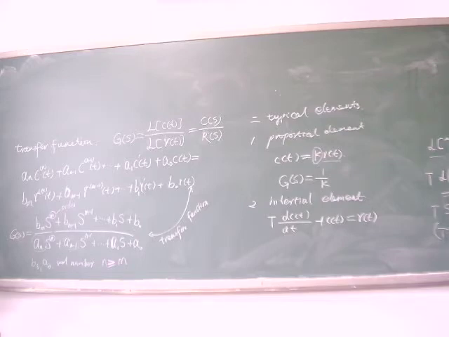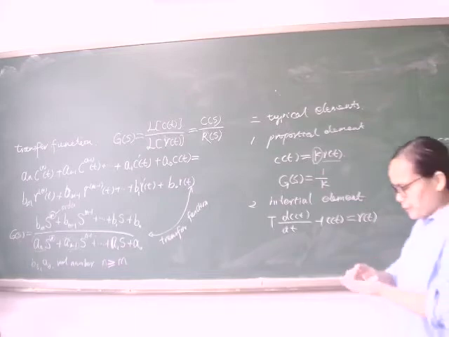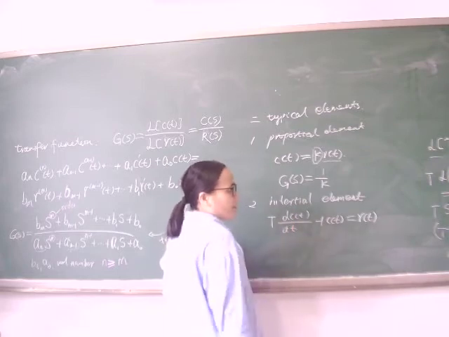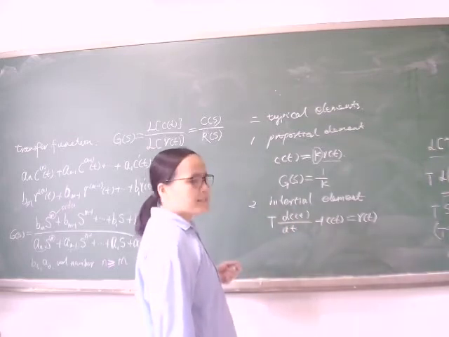And then the transfer function G(s) equals C(s) by R(s) equals 1 by (Ts + 1). So the transfer function of the inertial element is 1 by (Ts + 1).